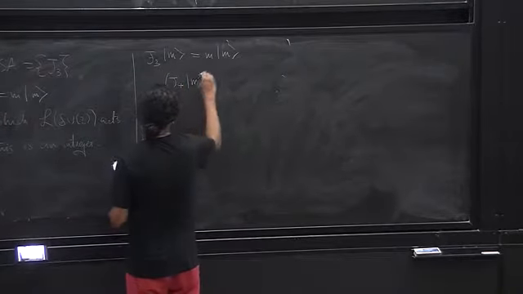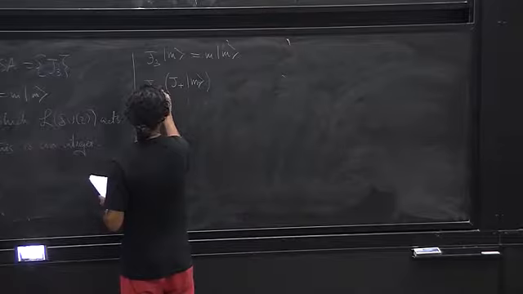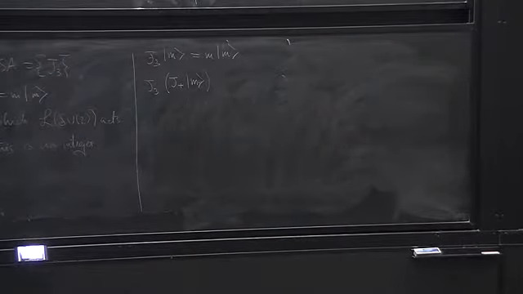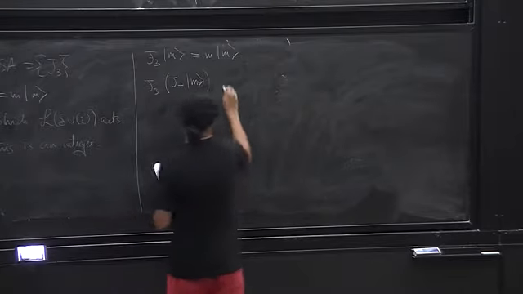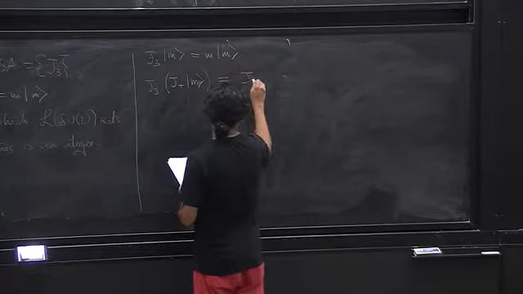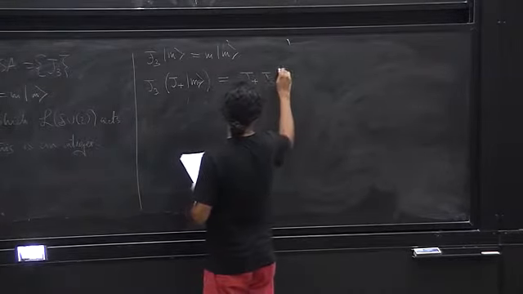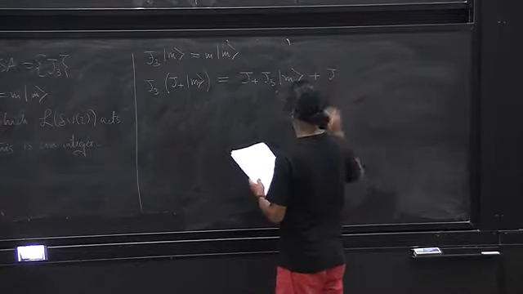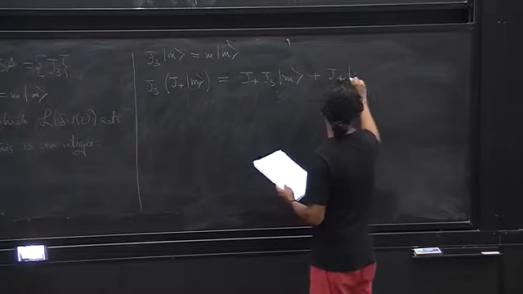So to see this, I apply J3 on it, and then I use this commutation relationship, and then we get J plus J3 acting on m plus J plus of m.